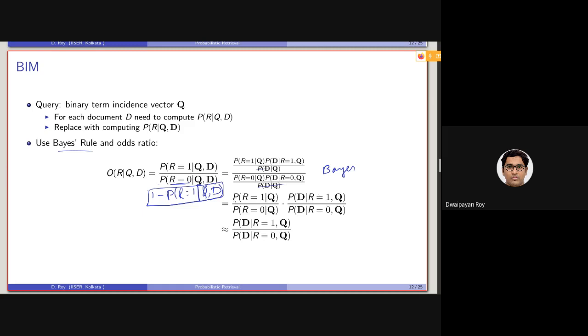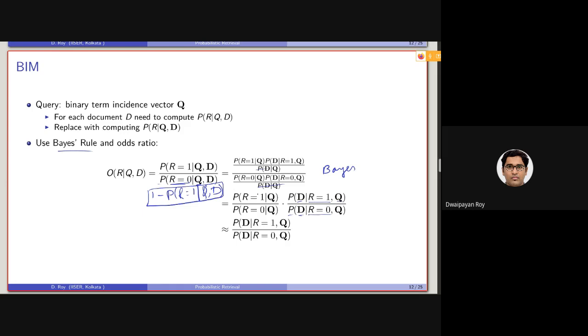So here what we'll end up with is the probability of R equals 1 given Q as numerator and denominator, and in the other part we will have the probability of D, that is the document under consideration, given the relevance and the query, divided by the probability of the same document given non-relevance and the query.